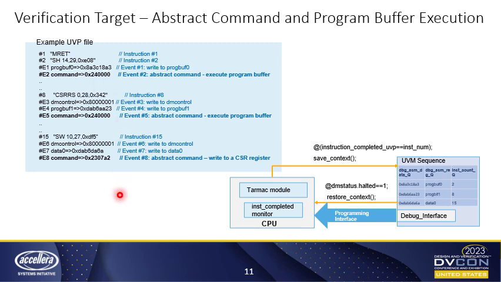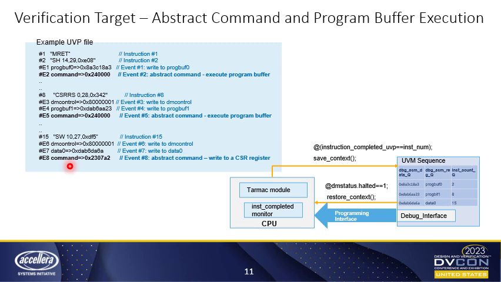Our last verification target is the abstract command and program buffer execution. By configuring the debug register called command, the user can perform different types of debug operations to the CPU, such as read, write to a register, or execute instructions in the program buffer.